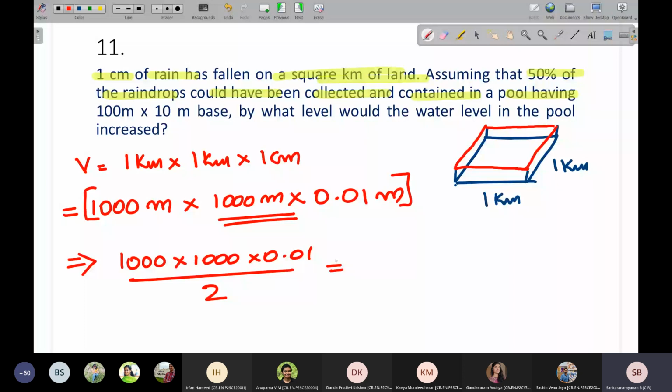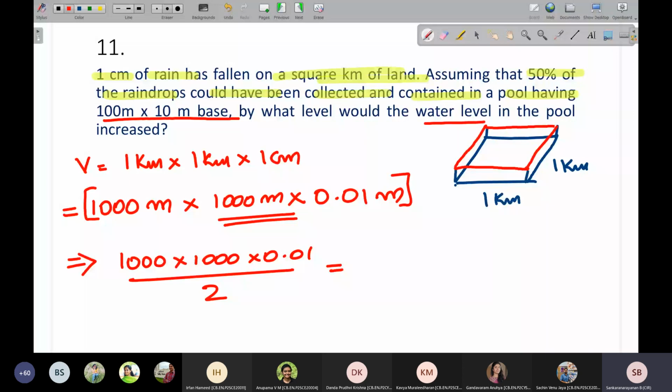Now you can see this pool has a base area of 100 meter into 10 meter. By what level did the water level in this pool increase? That is the question.